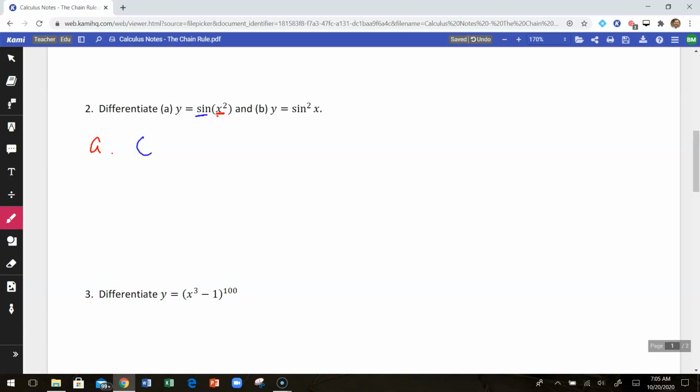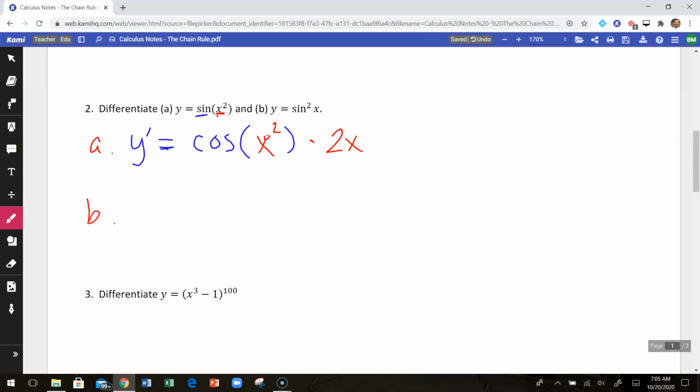Let me write y prime first. So y prime is going to equal the derivative of the outside function, which would be cosine. Keep the inside function the same, x squared, cosine of x squared. And then we're going to chain on the derivative of the inside function, which again is 2x. And there's our answer for part A.